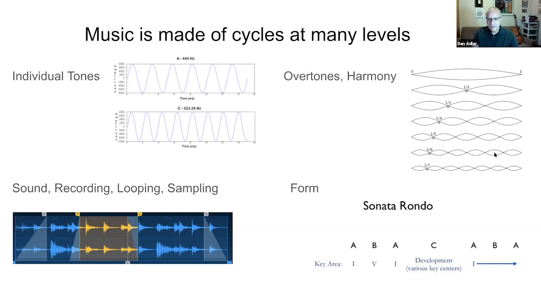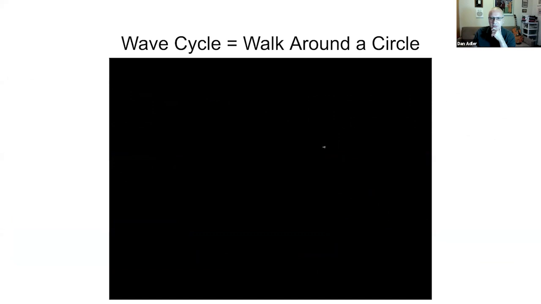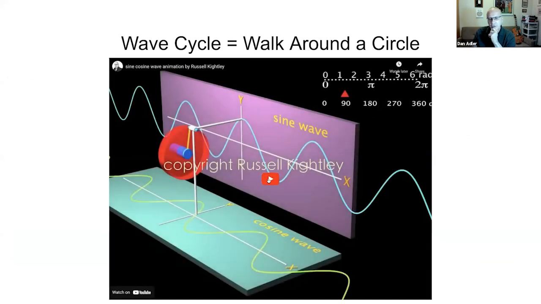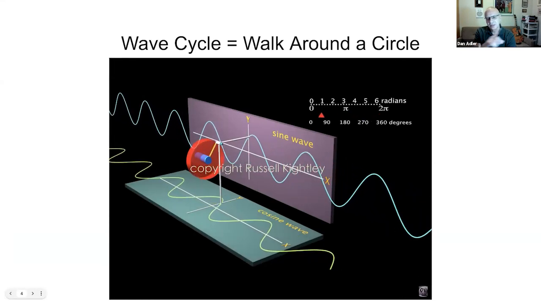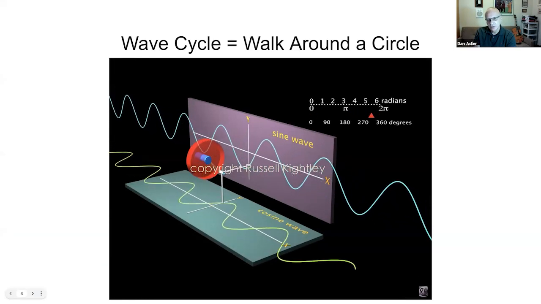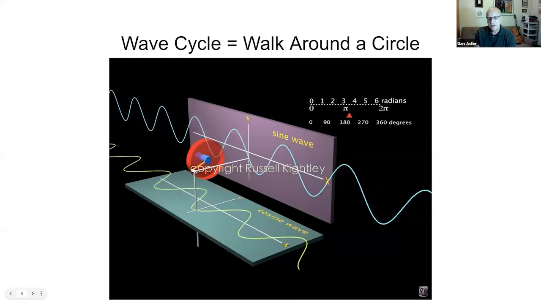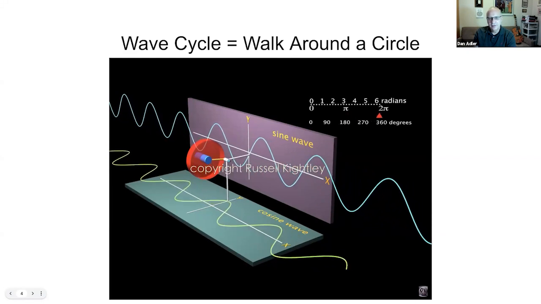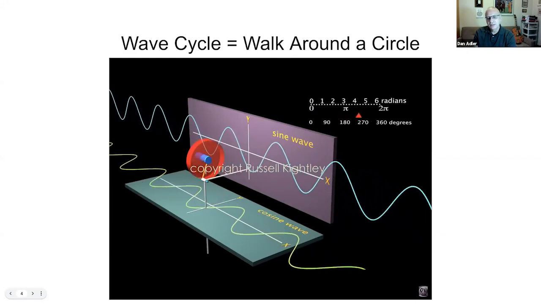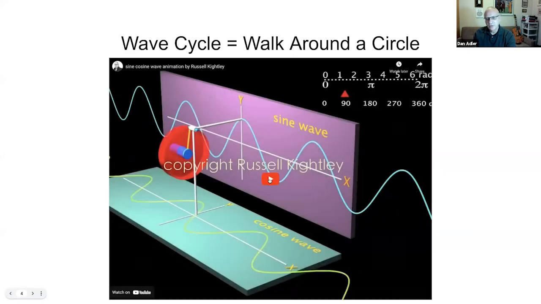Cycles are really everywhere in our life, and we can see them in other forms, not just in music. So I wanted to show you one quick thing, which is that if you think about a circle, which we sometimes look at in terms of a cycle of chords or a cycle of fifths, you can see that it's actually the same as what we call a waveform.